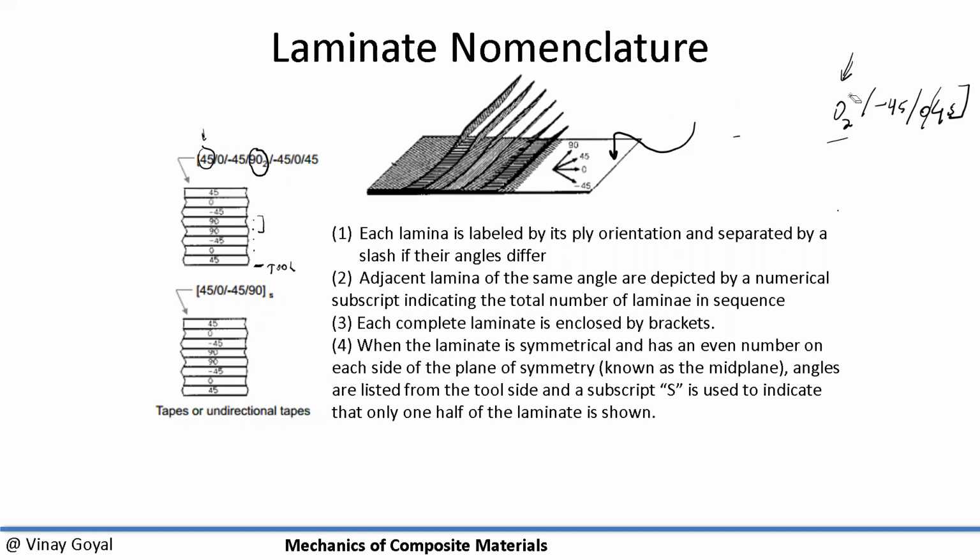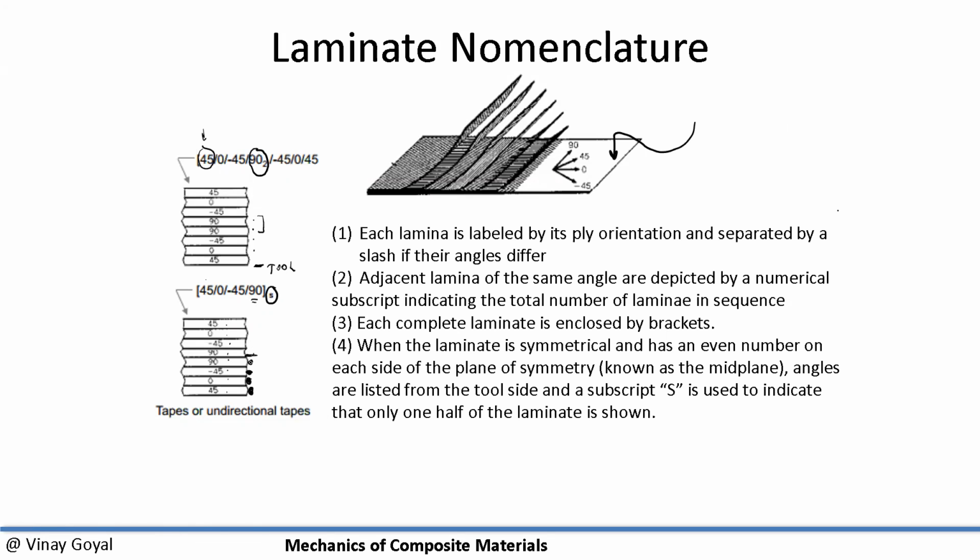When the ply stacking sequence is symmetric, say I have a symmetric ply stacking sequence, in that scenario, you put a subscript beneath, like that, after you're done mentioning the whole bracket. And you can see here clearly that 45, 0, minus 45, 90, 90, minus 45, 0, 45 is symmetric about that midplane there. If I go here and look at what I have, 45 first, 0 next, minus 45 next, and I'm going to the 90 one, so that's 90, and I only have one 90.